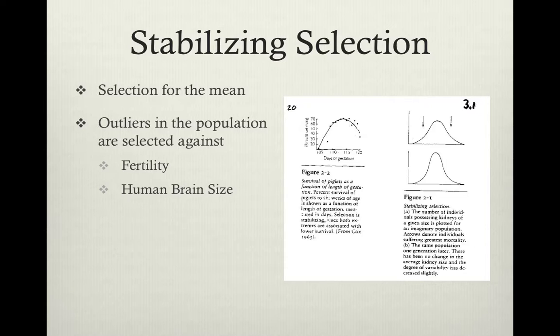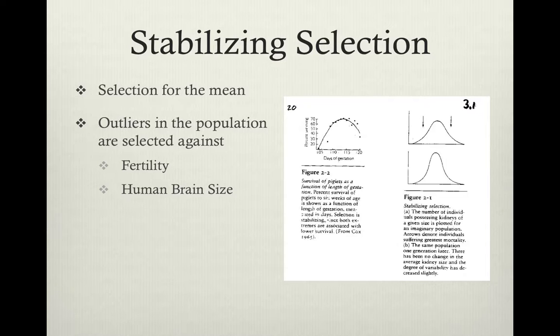And so when we see stabilizing selection, it ends up over successive generations in populations that have the same mean but have a smaller spread of variability. So we hold the mean constant, but we make the standard deviation significantly smaller. Populations are then more tightly clustered around that mean value.